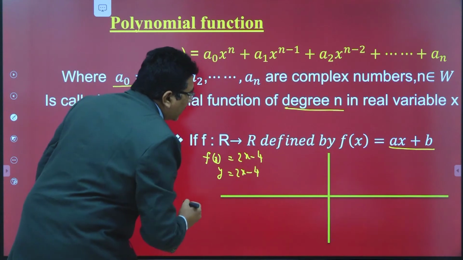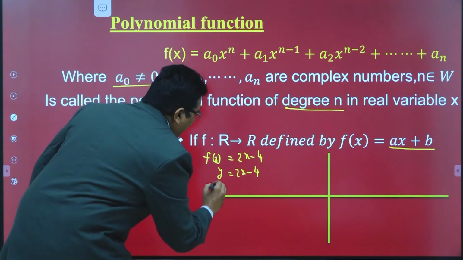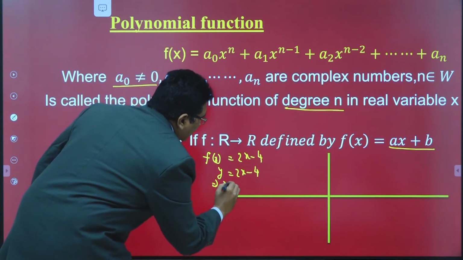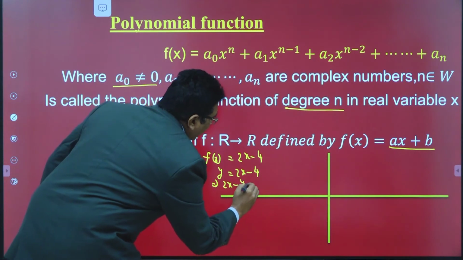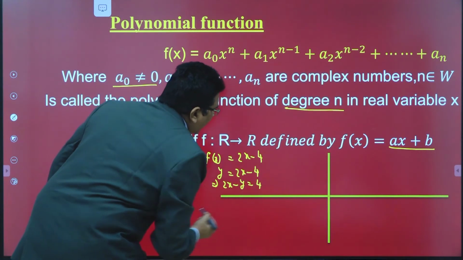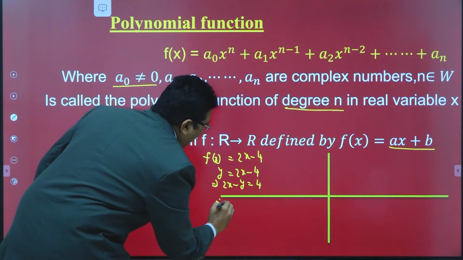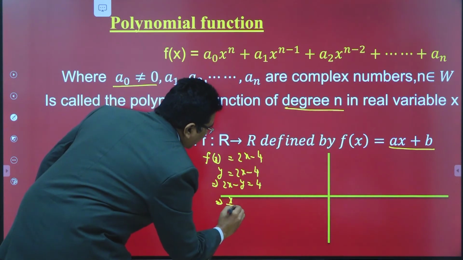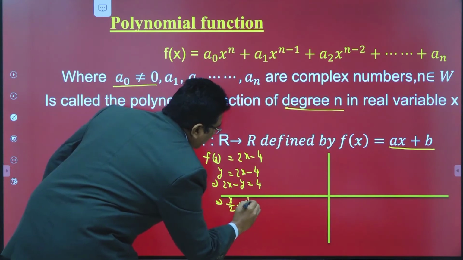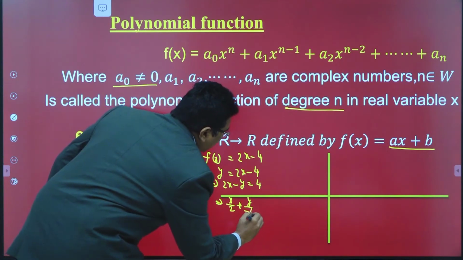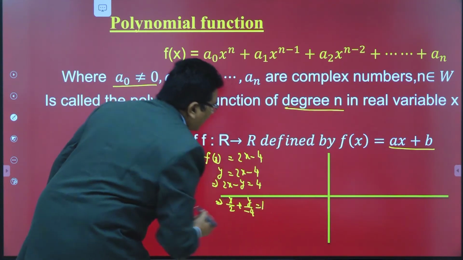Now, draw the graph of this line. That implies 2x minus y is equal to 4. Now, write the line in intercept form. That implies x by 2 plus y by minus 4 is equal to 1.